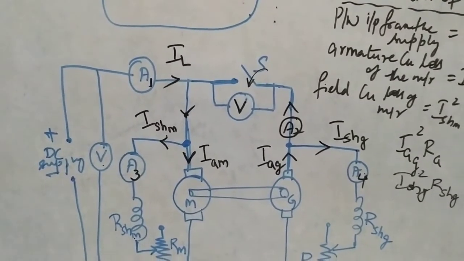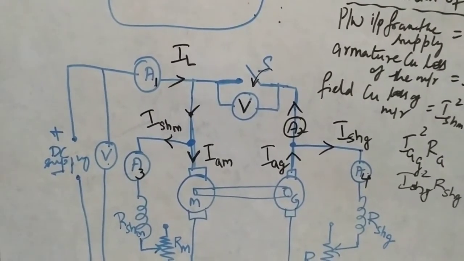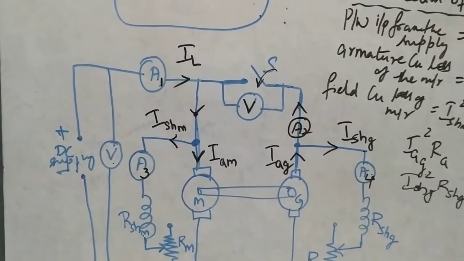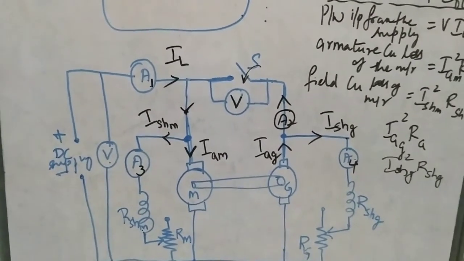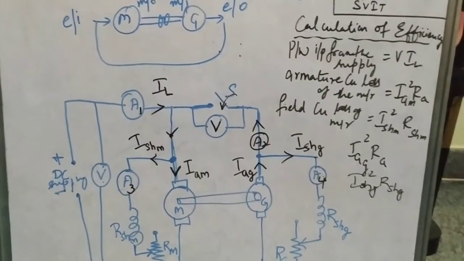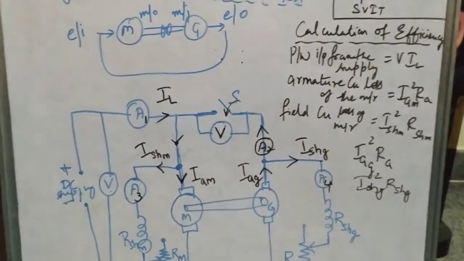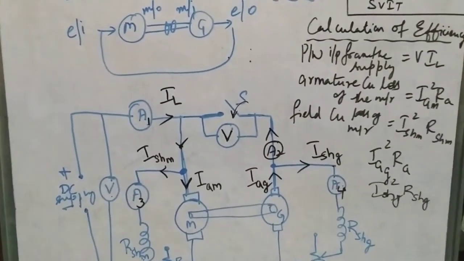Now the constant loss is nothing but the stray loss, which includes the iron, friction and windage losses, right? So how do you determine the constant loss?